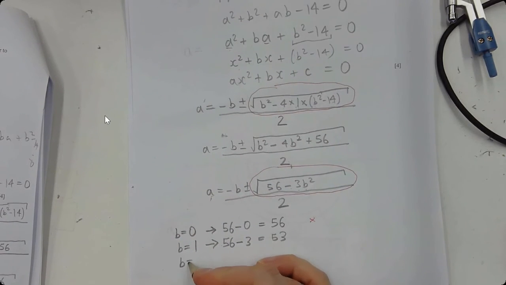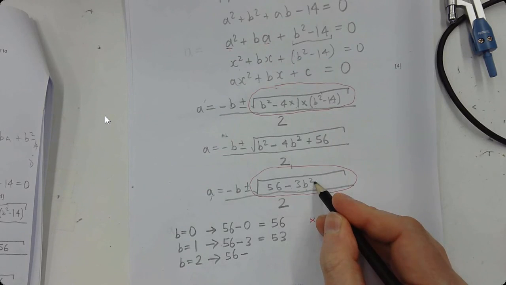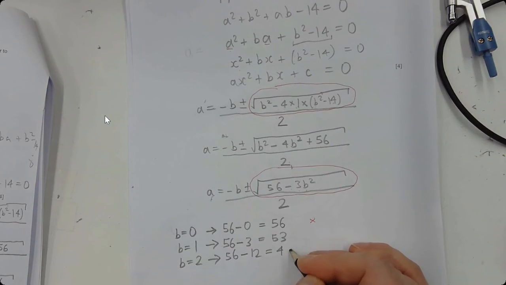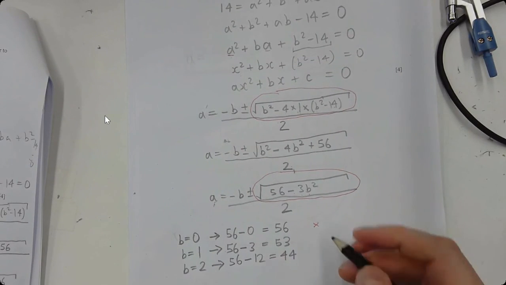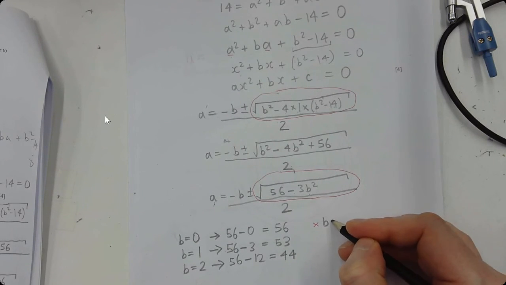No. Let's try b equals 2 then. 56 minus b squared, which is 4, 4 times 3 is 12, so it's going to give us 44. Can you take the square root of? No, you know the answer already. You don't get a whole number from square rooting 44.